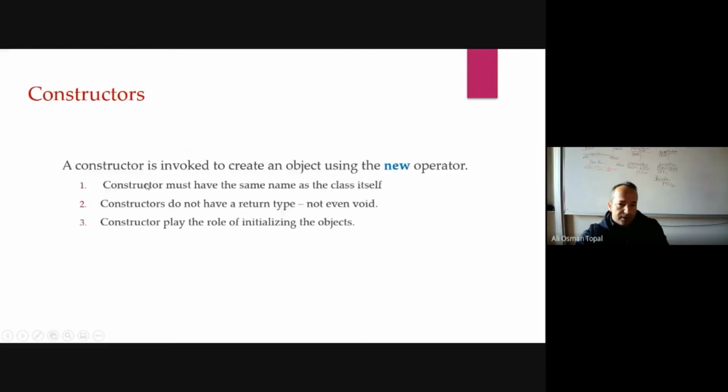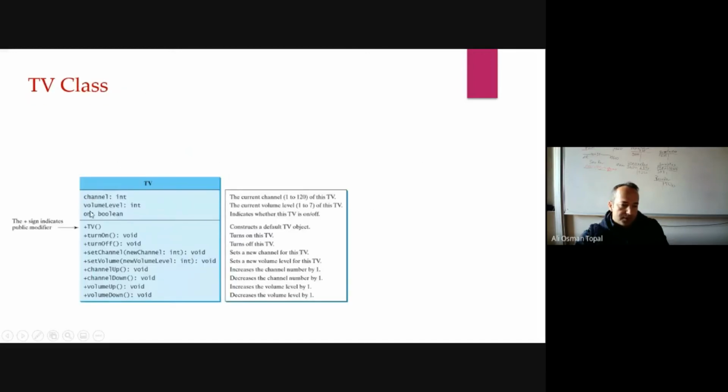For the TV class, these are the attributes: channel, volume level, integer. On or off is boolean. The current channel is 1 to 120. The current volume, and whether it is on or off. The plus sign indicates public modifier. If it is public, everybody can use your methods.